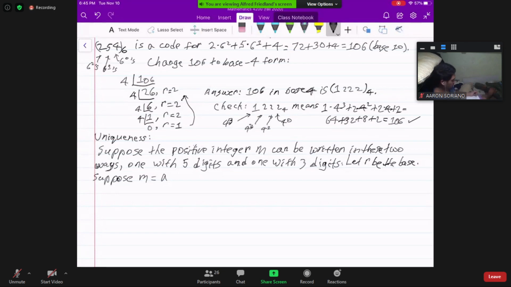So I'm going to go up to A R to the 4th plus B R to the 3rd plus C R to the 2nd plus D R plus E. And let's suppose that equals, what are we up to, F? And again, for a 3-digit number, I'm going to go up to F R to the 2nd plus G R plus H.